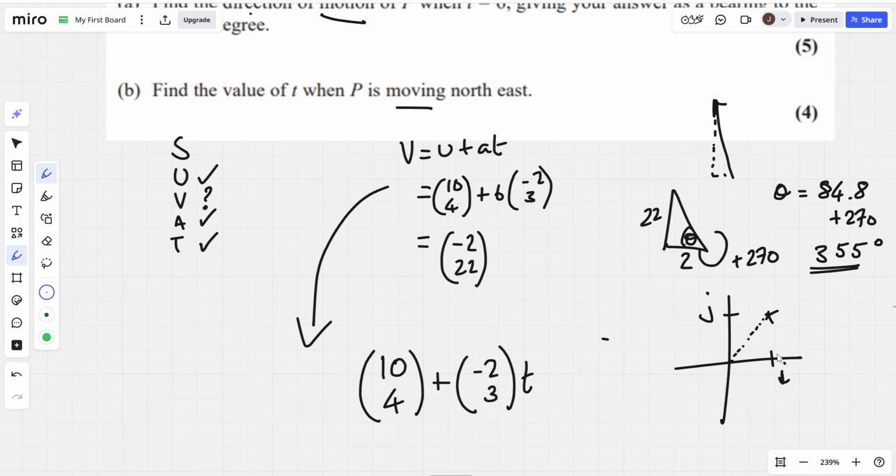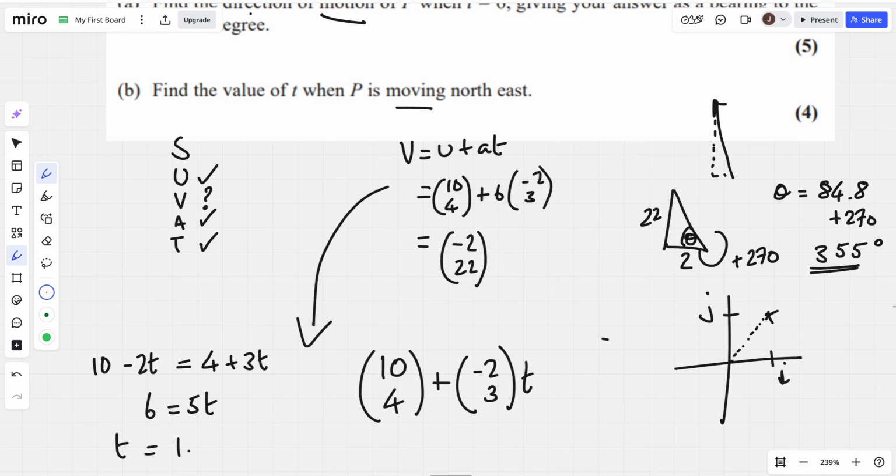They're in a 1-to-1 ratio. So let's do that. I'm going to say that 10 minus 2t, which is the top line, will be equal to 4 plus 3t. If I take away the 4 and add the 2t, I get 6 equals 5t.